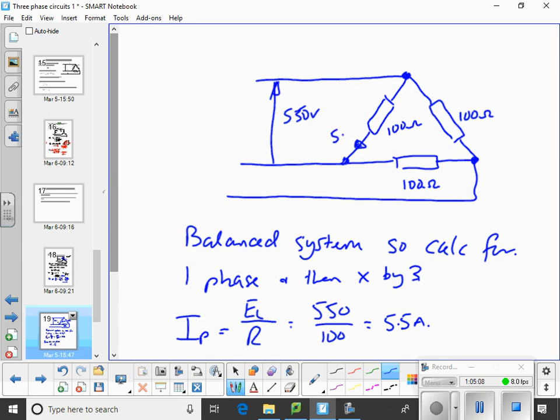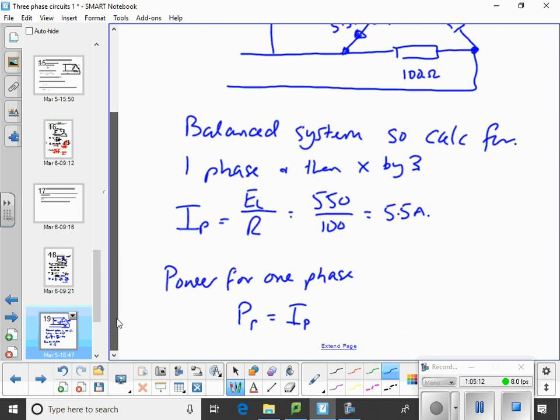It's 5.5 amps here. We can do IP squared times R, don't we?